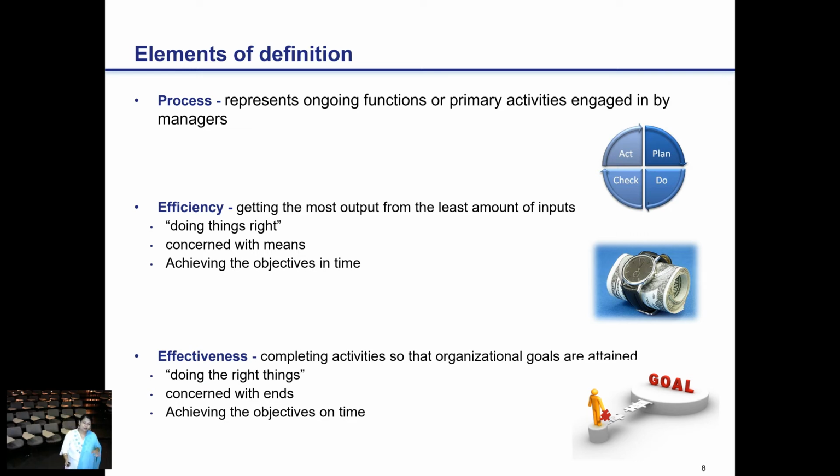Please underline this because throughout the course I'll be using these terms. You should know what it is. So getting more output. For example, your mom has to bring the output of 10,000 rupees with the 8,000 she has. That is my example number 1. Example number 2, as a student, you have.